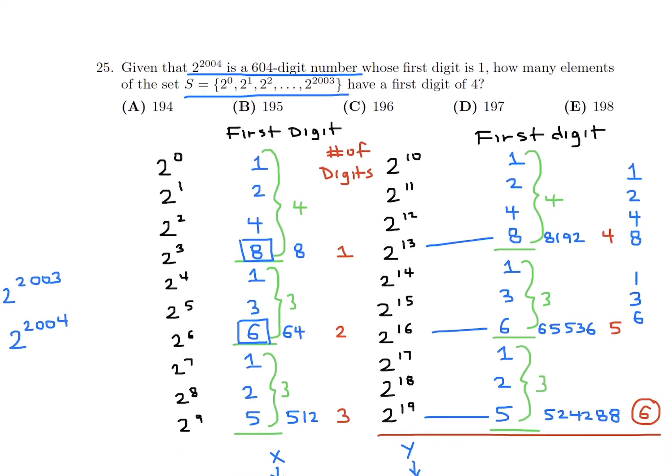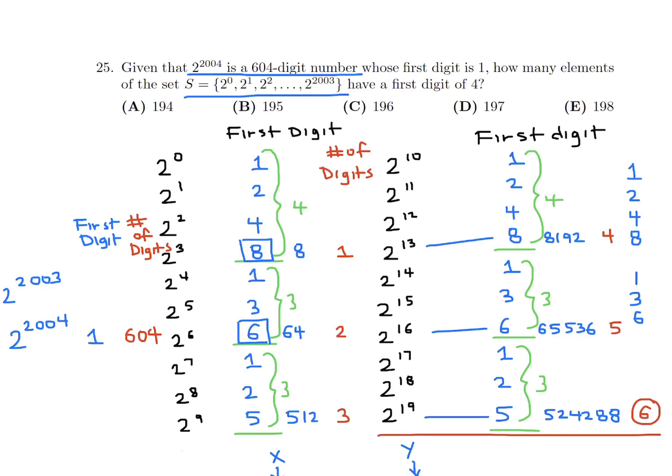Now they tell you a little bit of information about 2 to the power of 2004. It has 604 digits and the first digit is 1. So we've got 604 digits, number of digits, and first digit 1. Now we need to figure out the same information for 2003. For 2 to the power of 2003, I have no idea what the first digit is.